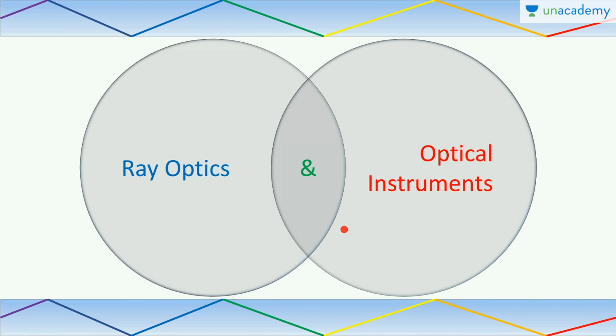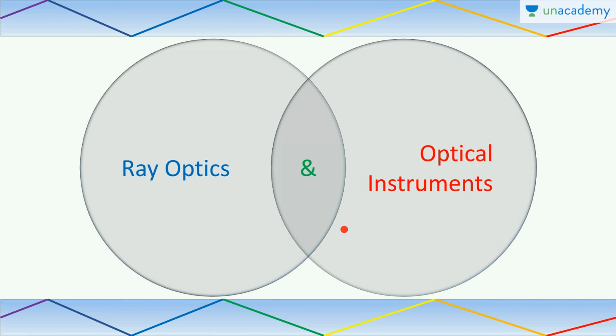So this is a simpler way of understanding light's behavior, but this is only important for simplicity, but it may not always be true. That is, the ray behavior of light may not always be true.